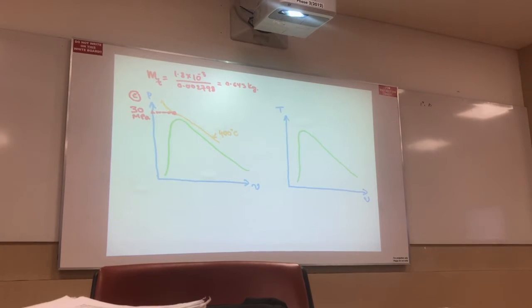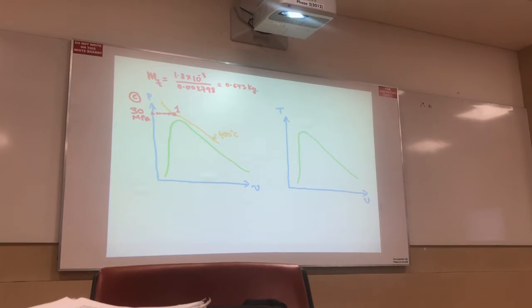So this indicates state 1. So what is state 2? This is state 2. Temperature is 80 degrees Celsius. And what is the final pressure here? This one. Final pressure I get here.